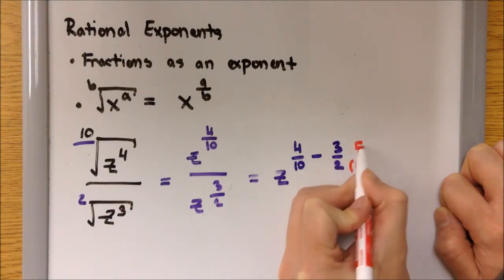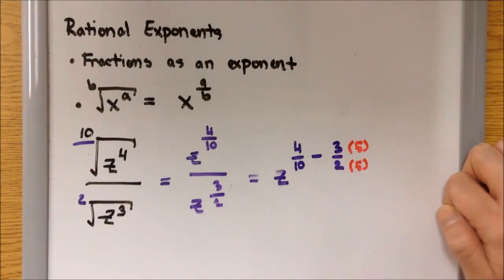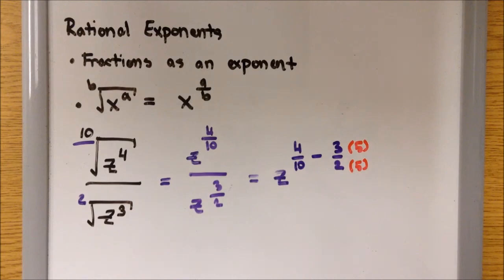Therefore, I'm going to multiply by 5 on the top. Doing so, we are going to have a common denominator. So 2 can definitely go into 10 5 times, and 10 can go into itself 1 time. So I'm not going to mess with this.